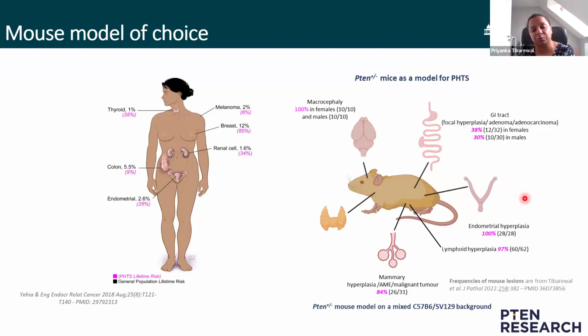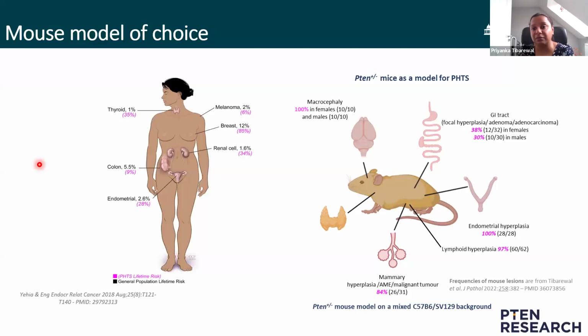You know that our chromosomes are in pairs, and each chromosome has one copy of each gene. So all cells normally have two copies of the PTEN gene. In PHTS, either one copy is mutated, so you have a spelling mistake in there, or sometimes the entire region of DNA which codes for PTEN is deleted from the cells.